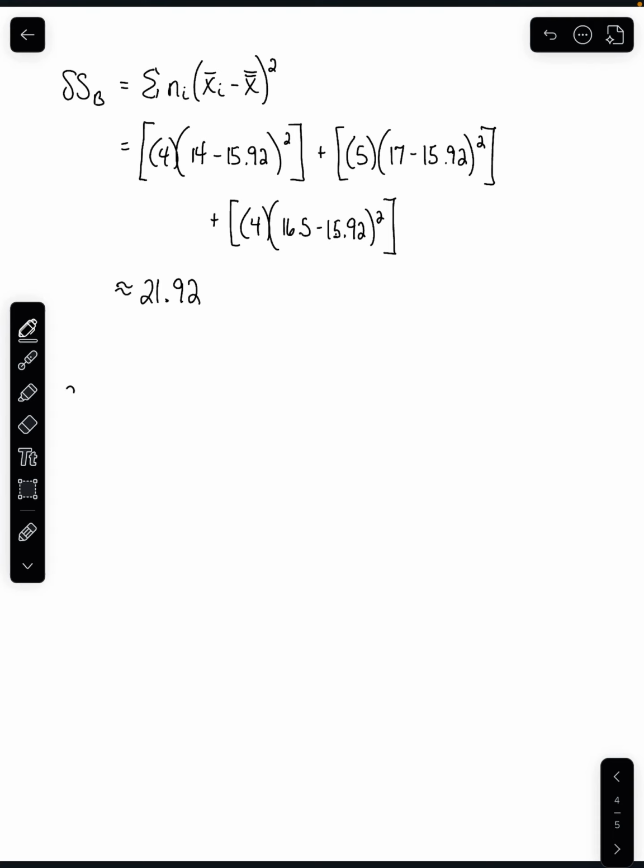We also now are going to need the sum of squares within the samples. This comes from the sum of the sample size minus 1 times the variance of that sample. So the first sample had size 4, so 4 minus 1, times the variance of the first sample, which is 6.